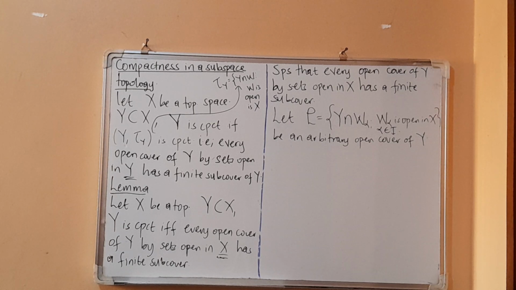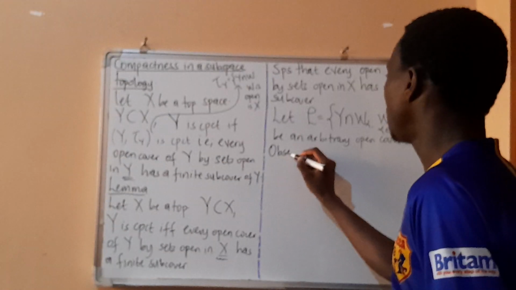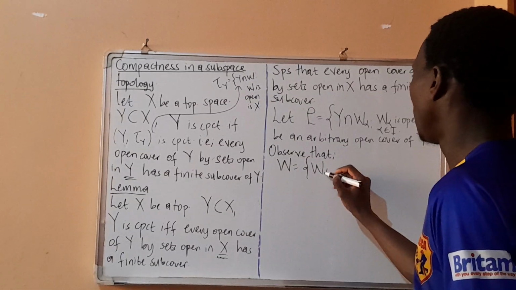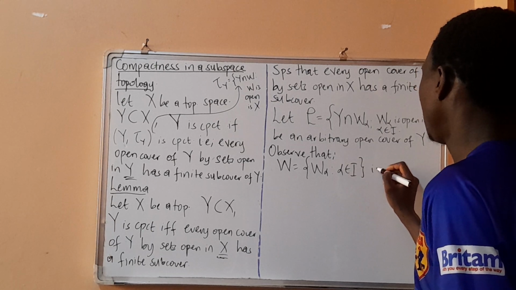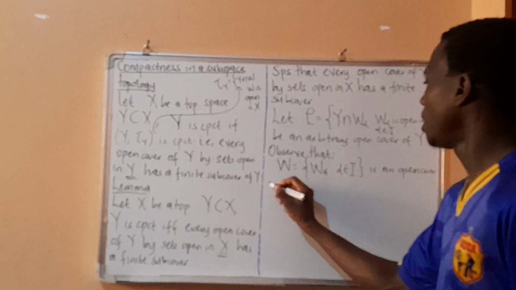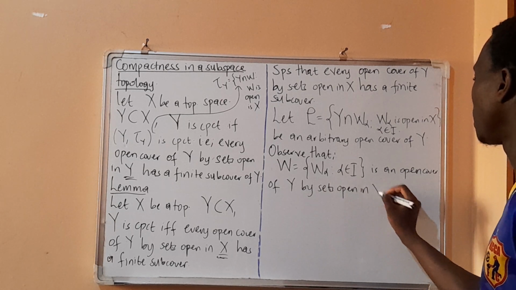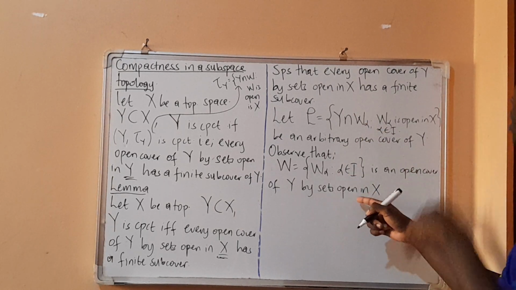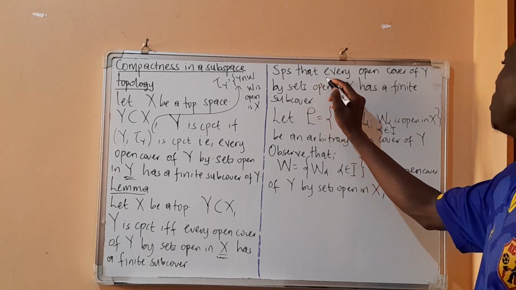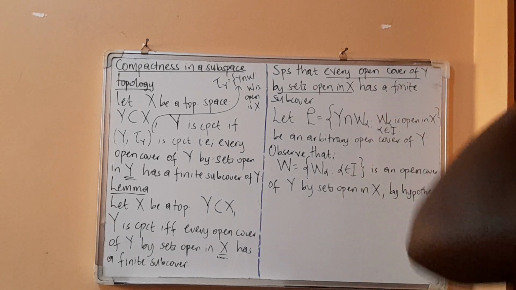Now what do we observe in that case? We observe that W, the collection of W alpha with alpha coming from the indexing set, is an open cover of Y by sets open in X. By our hypothesis, every open cover of Y by sets open in X has a finite subcover.